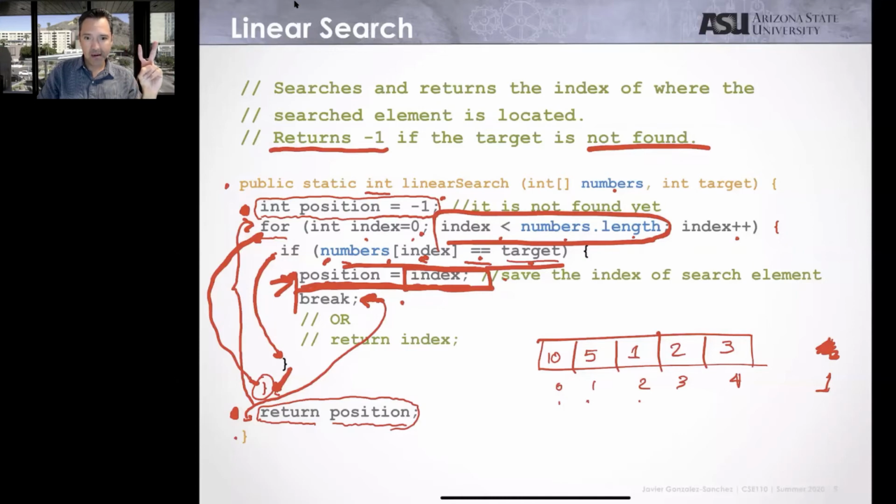And then you do the break. And the break stops the loop. So the loop runs 3 times, period. And you go out, and when you go out, you return position. And position is 2. So you return 2, not the -1, the 2, because you execute these 2 lines here.